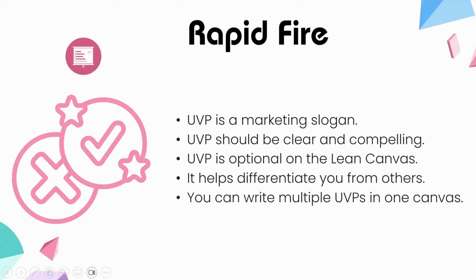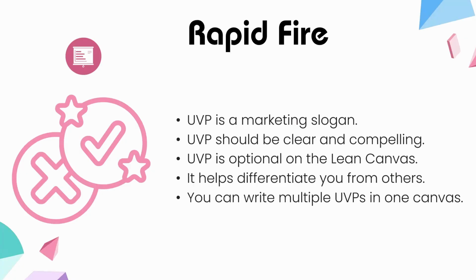So true or false? UVP is a marketing slogan. What is UVP? Unique value proposition, sorry. Is it a slogan? False. Exactly, it's not a slogan. It is going to be your strategy.